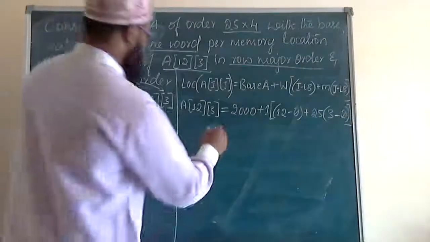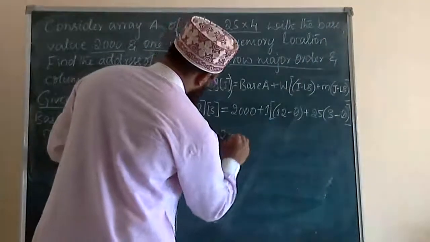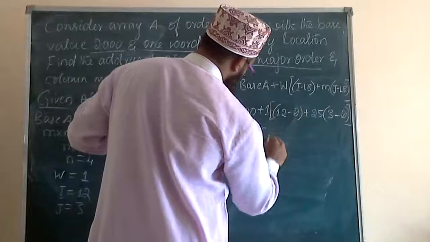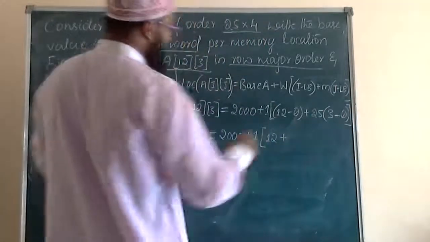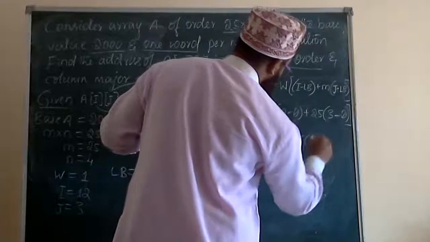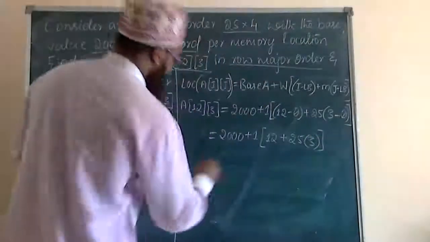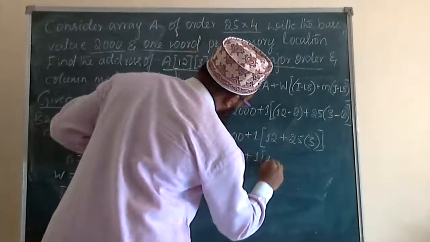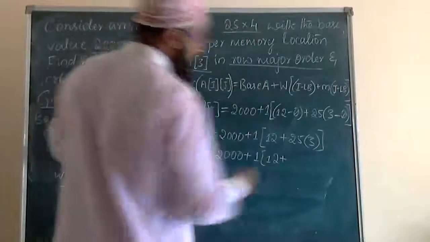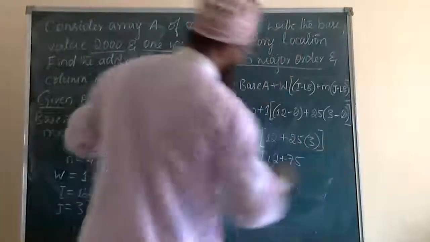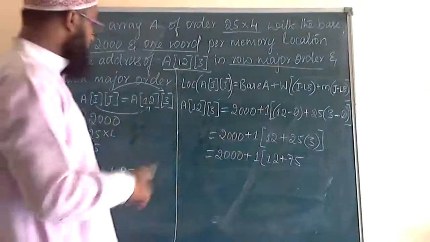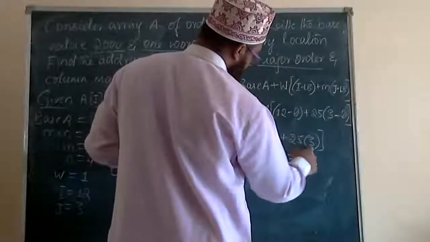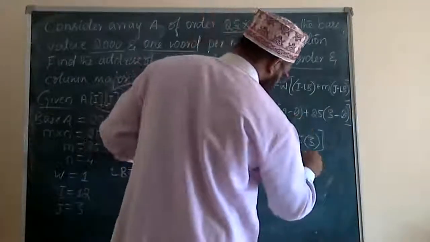So this is equal to 2000 plus 1 into 12 minus 0 is 12, plus 25 into 3 minus 0. 25 into 3: 5 threes are 15, carry 1, 3 twos are 6 plus 1, 7, so 75.